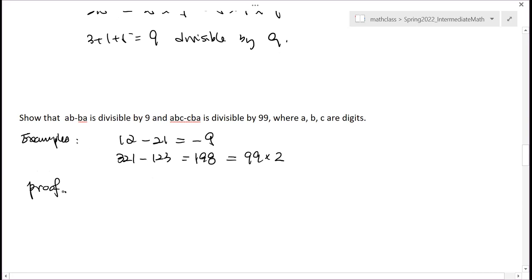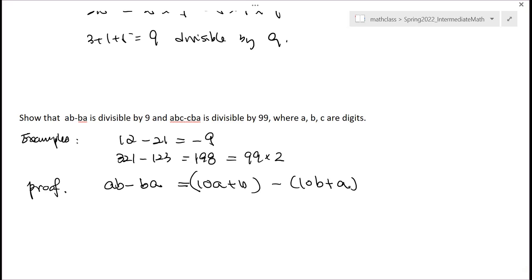Well, AB is going to be 10A plus B, and BA is 10B plus A, where A is the tens digit in AB and B is the units digit. Then be careful, remove the parentheses, and you get 10A plus B minus 10B minus A.